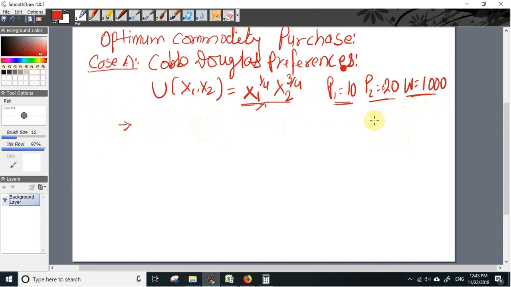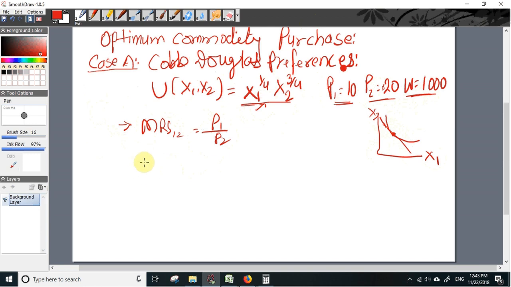In Cobb-Douglas type of preferences, the indifference curves are convex to the origin, shaped like this one. So we can use the tangency rule to find the optimum commodity purchase. The tangency rule is that the marginal rate of substitution is equal to the price ratio.